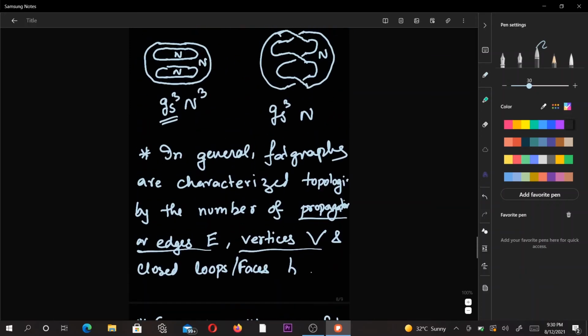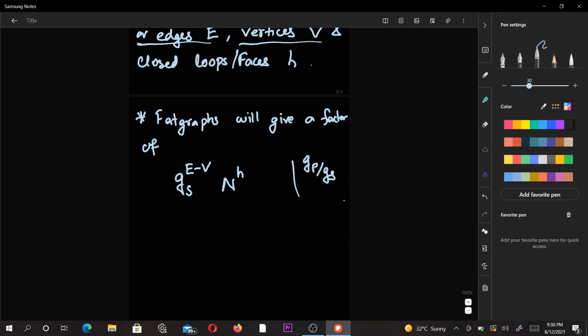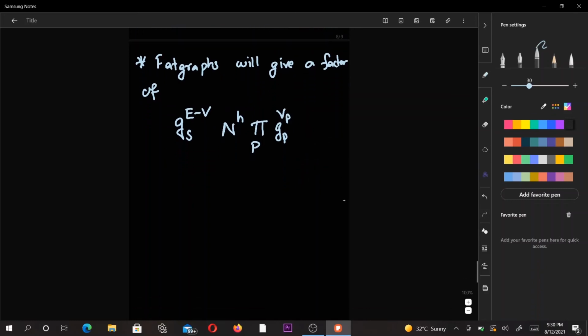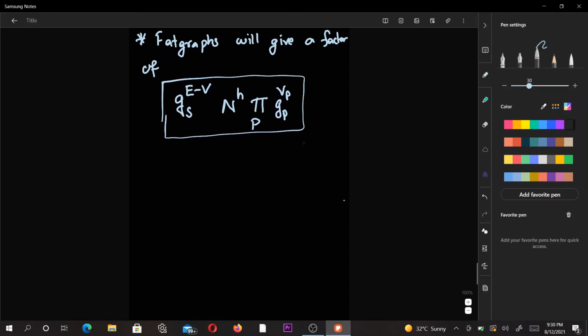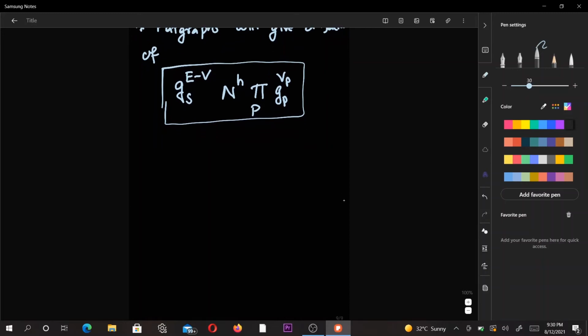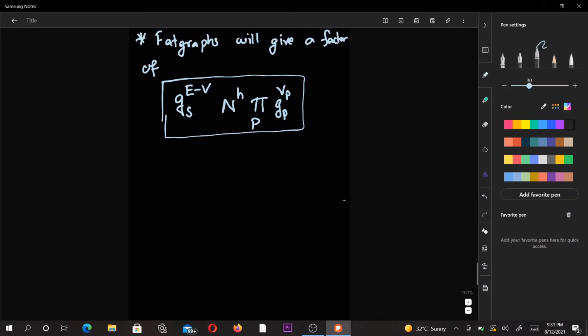In a more formal tone, this is written like this, g_P to the V_P. So each fat graph will give me a factor like this. How does it come? Propagators give you a factor of g_s, interaction vertices give you g_P over P, and it's V of them, and N to the power of H is the number of faces or holes.